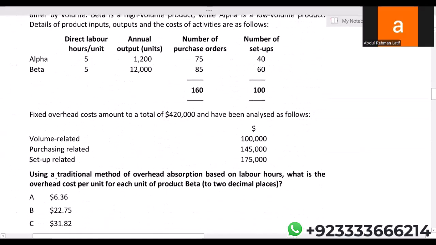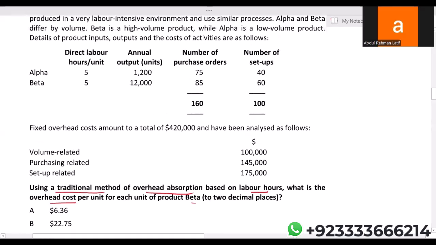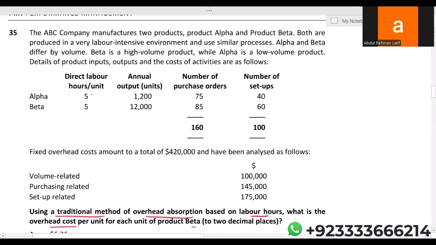Question 35. Using the traditional method of overhead absorption on labor hours, what is the overhead cost per unit for product beta? Earlier we calculated for alpha. Now look at this: the number of labor hours per unit is the same, so obviously the absorption rate per labor hour is the same.